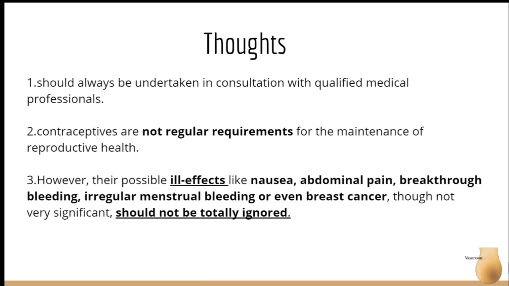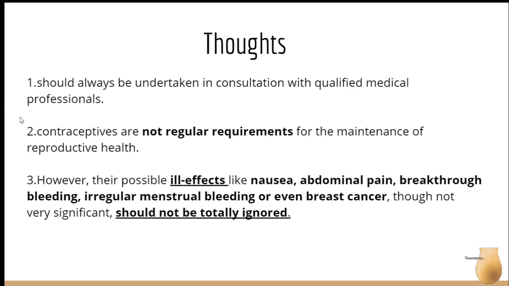Okay. Now, so far, whatever we've learned about all the contraceptive devices or methods, we should give a thought. Like what? You can say some of the points should always be undertaken in consultation with qualified medical professionals. Remember all those things from the beginning. All the different types of contraceptive methods should be under the complete surveillance of a doctor or qualified medical professional. If it is done in the absence of a doctor, then that is not a good thing to do.